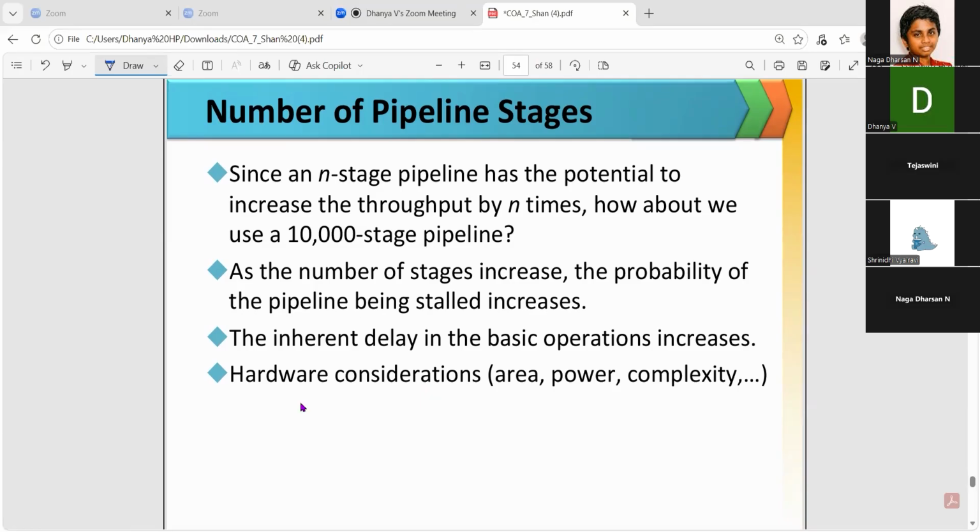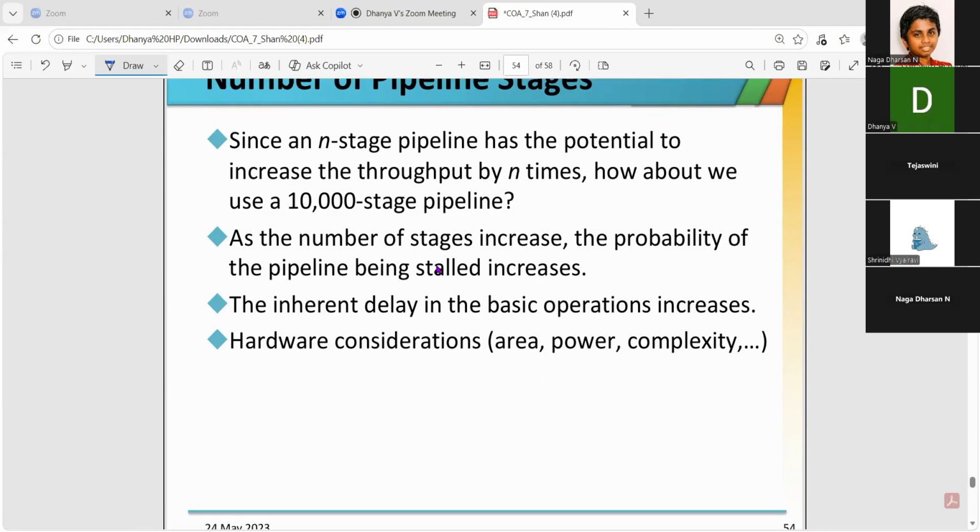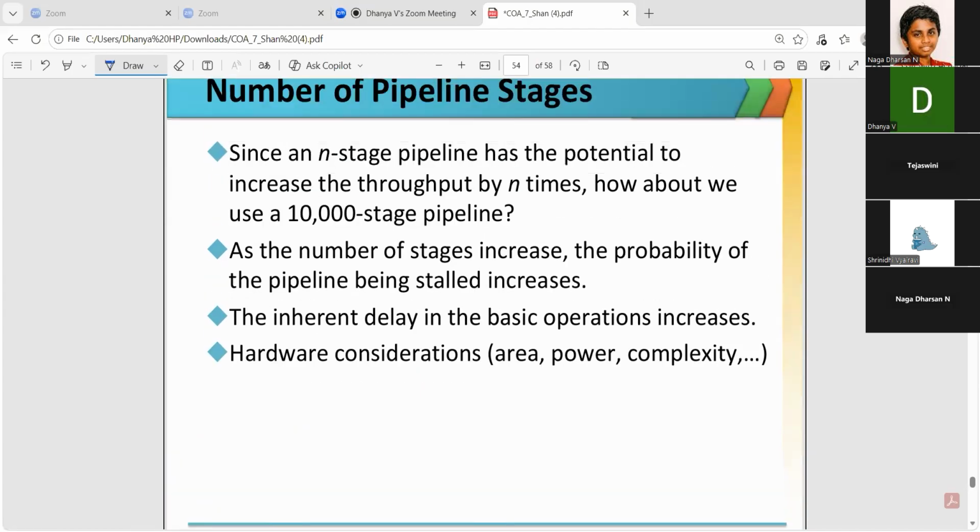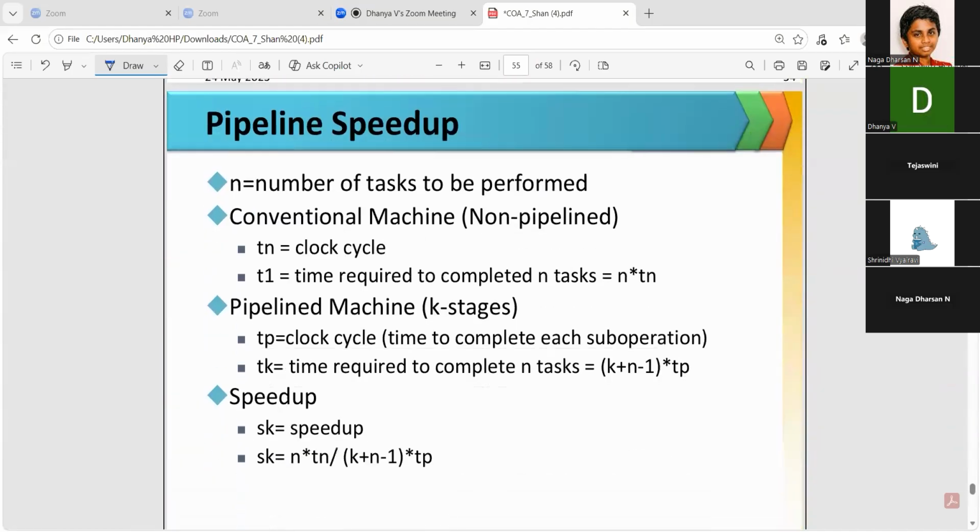You need to consider the number of buffers and the clock synchronization. Everything you need to consider in this case. As the number of stages increases, the probability of the pipeline being stalled also increases, for example when you're branching. All of that we discussed till now is essentially the answer to this question.